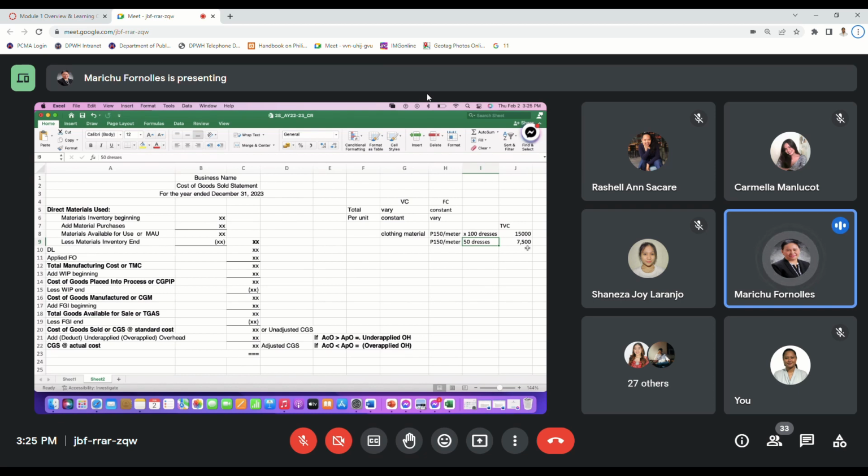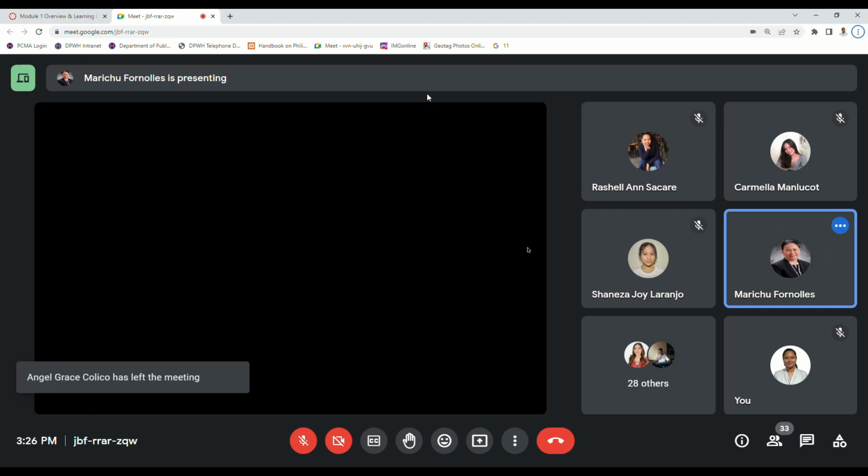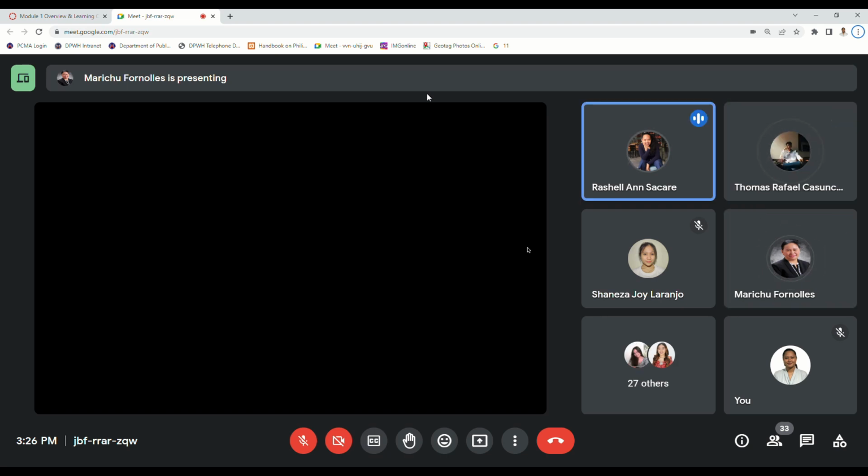But if your production volume is only 50,000 units, that would be 1 peso per unit. So for the fixed cost, if the volume increases, the fixed cost per unit will go up or go down? If the volume increases, the fixed cost per unit will go down.